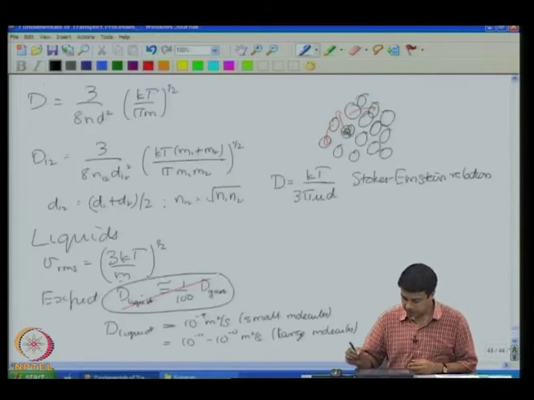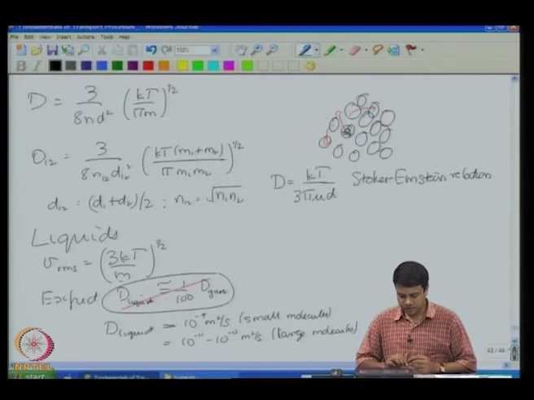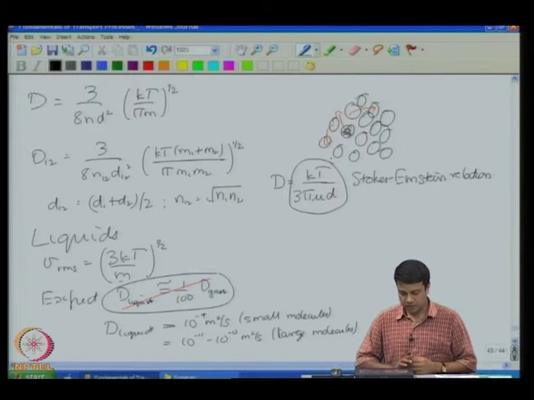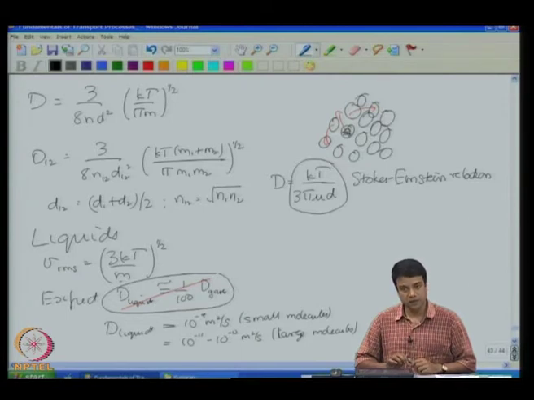In liquids, on the other hand, you can see from the Stokes Einstein relation, the diffusion coefficient has this form. So, it depends both upon the temperature as well as the viscosity. Typically, the diffusion coefficient will increase as the temperature is increased. Even more so, if the viscosity decreases, the diffusion coefficient will increase as the temperature increases, because the viscosity is decreasing fast and the temperature is increasing.